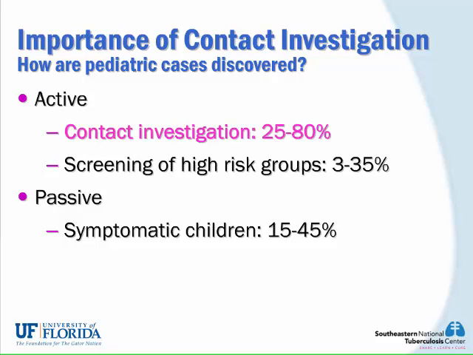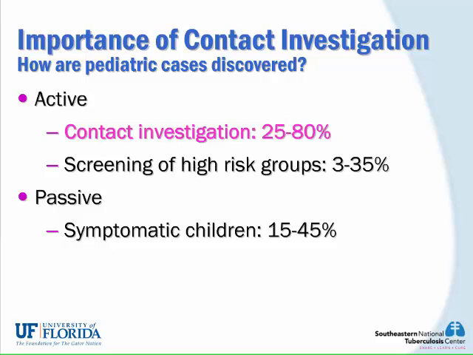Contact investigations are particularly important in pediatrics. In the United States, we divide up how we discover the cases in pediatrics: they are discovered either actively or passively. Actively means via contact investigations or screening of high-risk groups, and passive means that the patient develops symptoms and is evaluated for symptoms.